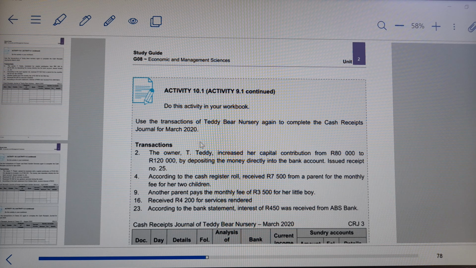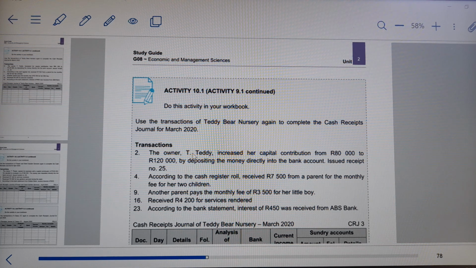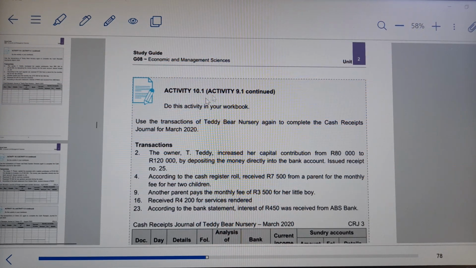This is the same activity as the one they gave us in lesson number 9. But in lesson number 9, remember, we were completing the accounting equation. So now we are completing the cash receipt journal. And remember, I said if with the capital you have from and to, you must take this one and subtract that one, and the difference that you get is what you put in.